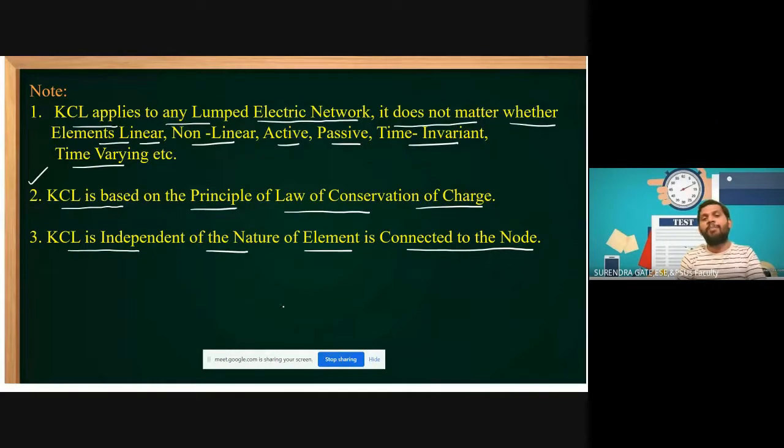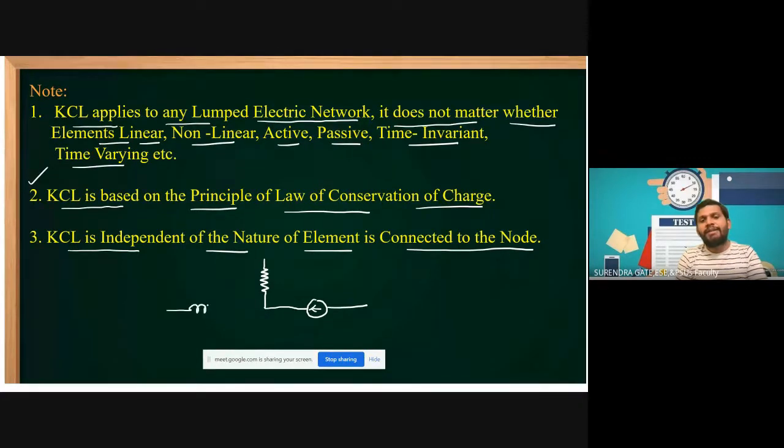Any element. For example, in the previous case, take any particular node. At this node, a resistor is connected. At this node, a current source is connected. Yes, friends, it is applied.